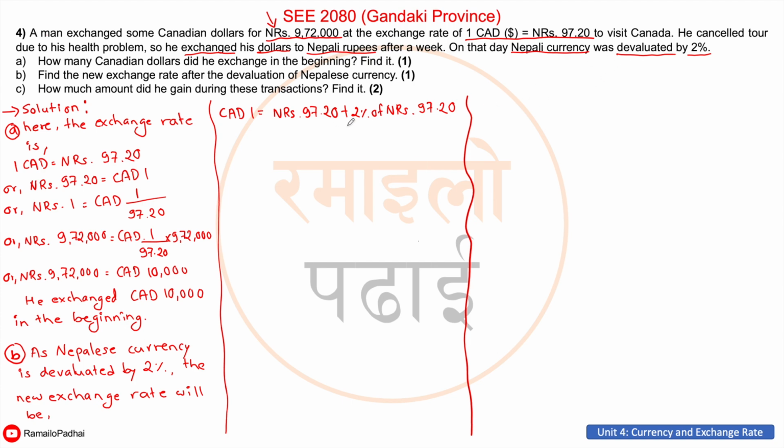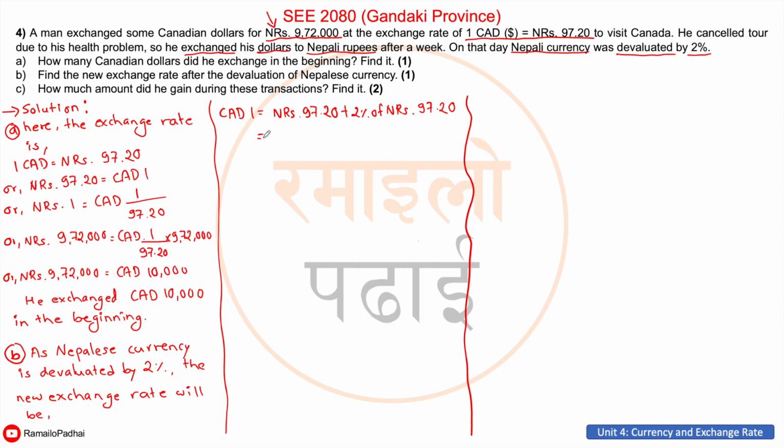However, we are adding. What we need to understand is, as Nepalese currency is devalued, the value of Nepalese currency is lowered and the value of Canadian dollar will increase. That means 1 Canadian dollar must give more than 97.20. That is why we are adding, and the 2% comes from here.